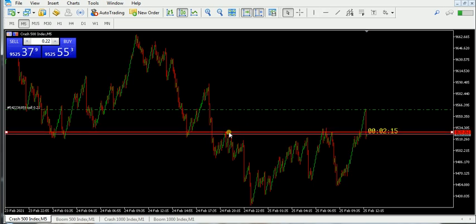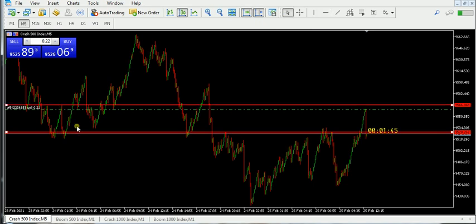This is our resistance. If you are dealing with the Crash index, you are only looking for a resistance level to catch spikes, and on Boom, you are looking for a support level to catch spikes. So this line that I've put in here is one of our resistance levels. This is also another resistance level. Why?